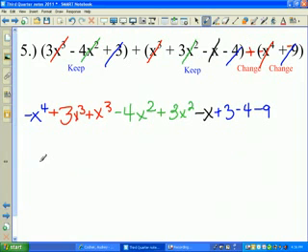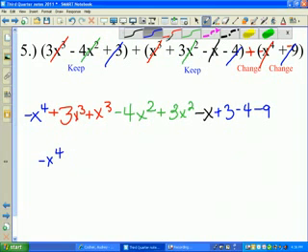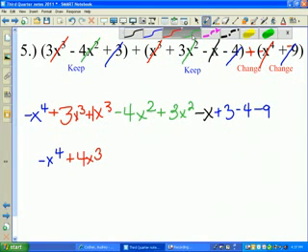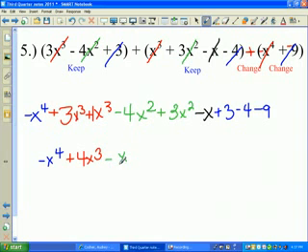So now, let's get our like terms together. So we have negative x to the fourth. Then I got my like terms with the x cubed, so it was a positive 4x cubed. Because remember, there's a 1 that's there, and it's 3 plus 1. That's where the 4 came from. Then we have a negative 1x squared, or you can just say negative x squared.